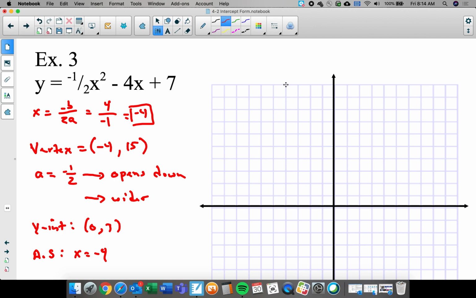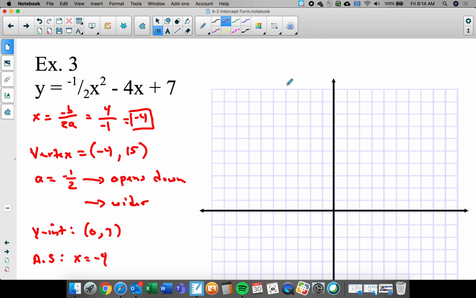This is 10. So if I come up here, it's going to be way up here. I'm going to approximate this. Let's say there's my vertex right up there. Just an approximate value of -4, 15. My a value says it's -1/2. So from that, again, I'm going to have to approximate this. I would go down 1 and then over 2 in both directions.